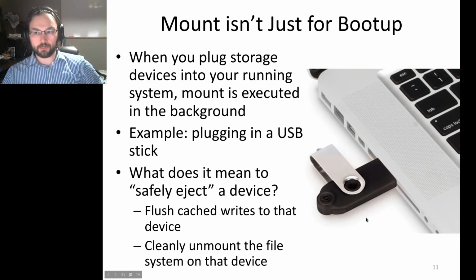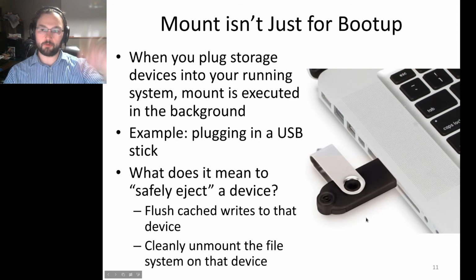We have to figure out what the file system on that disk is, and we have to mount it somewhere. Most modern operating systems will do that automatically when you stick the USB disk in. It'll figure out what it is and pick an automatic place to put it and maybe pop up a window to show you the files in it.